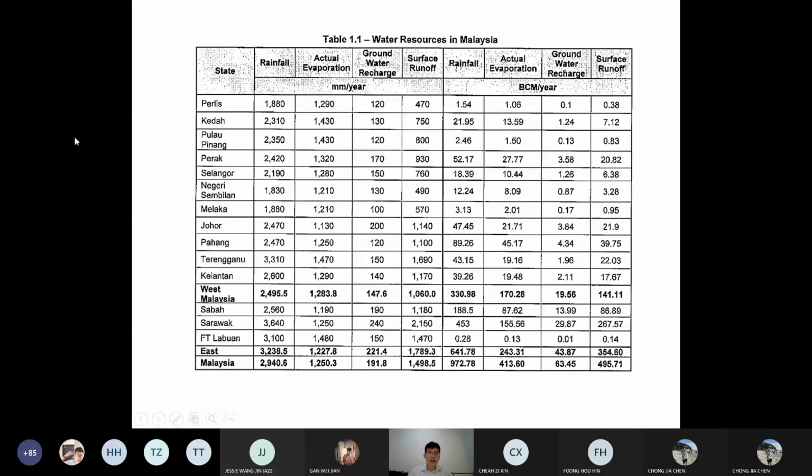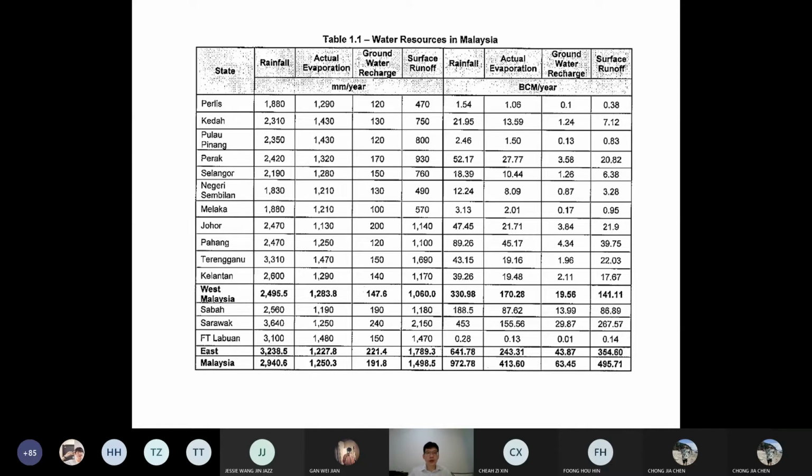The major loss is through evaporation. That's why, before this, Sir always simplified the simple calculation: the rainfall divided by the runoff gives the coefficient of runoff, and the remaining is due to evaporation.